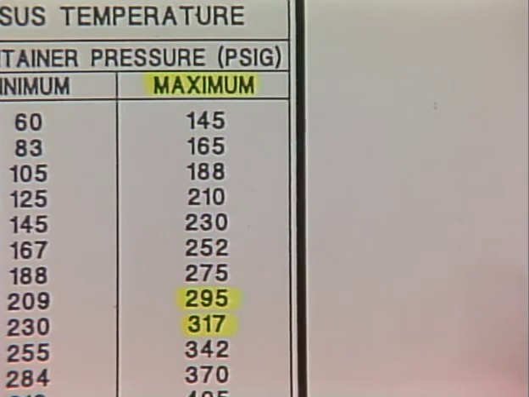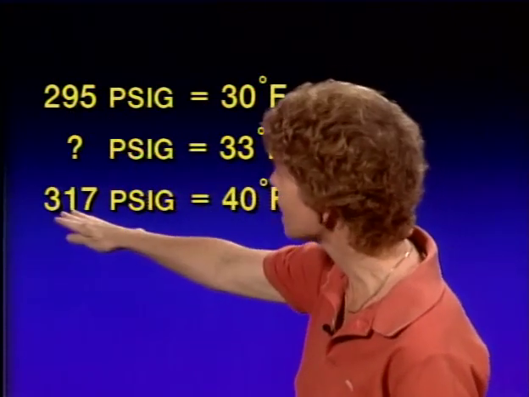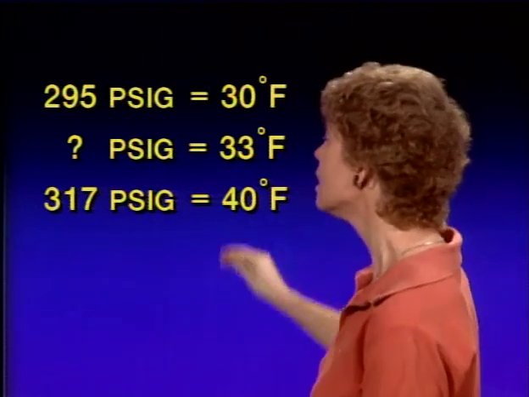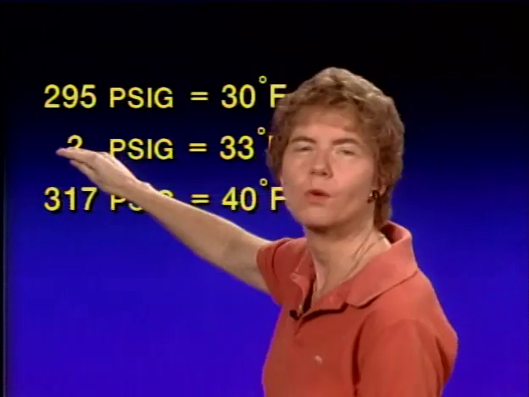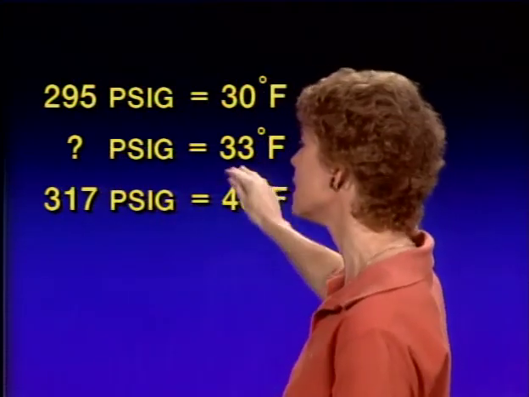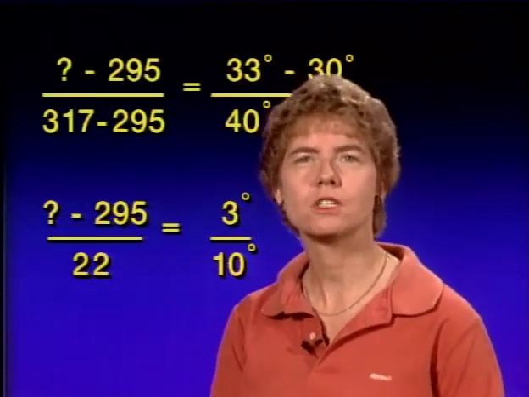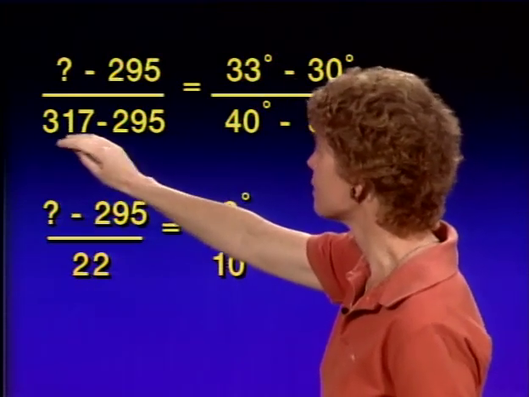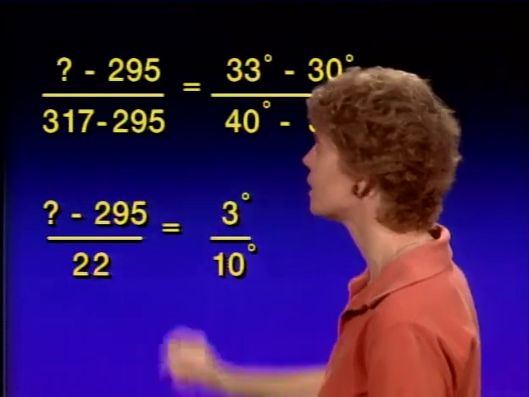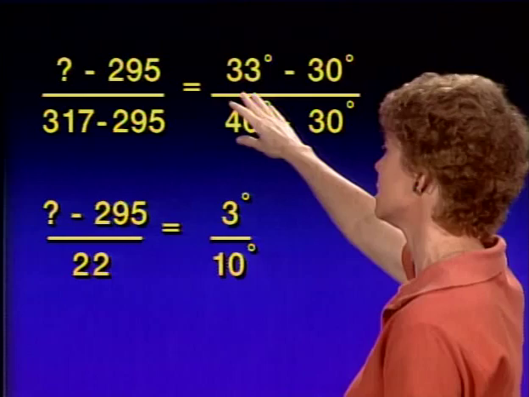At 30 degrees, the maximum pressure is 295. At 40 degrees, the maximum pressure is 317, but our actual temperature is 33 degrees, and we're trying to find out what the allowable maximum pressure would be at 33 degrees. So we set up our ratio to figure out how to do this interpolation. We're trying to go between 317 and 295 on the pressure the same distance that 33 degrees is on the temperature.